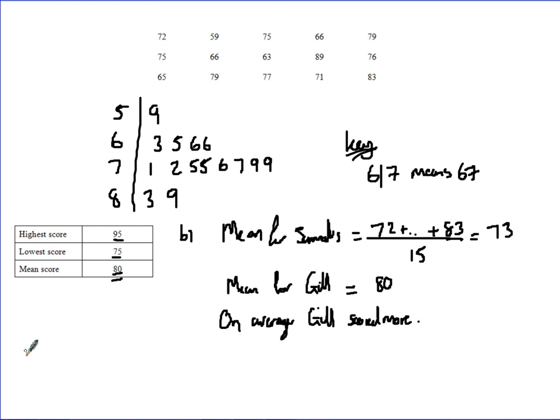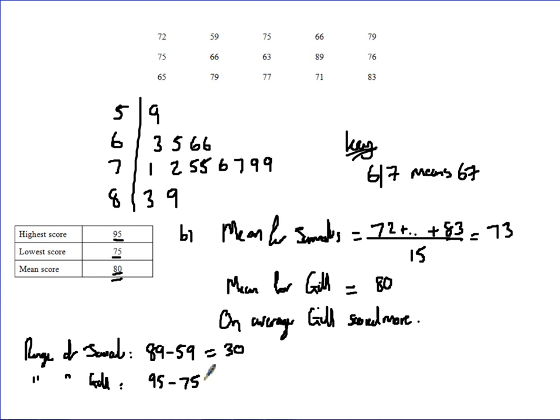The other one you can do is the range. So we'll do the range of Jamal. So the range of Jamal is the biggest number to the smallest, so it's 89 take away 59, which will give you 30. And the range of Jill is 95 take away 75, which is 20.